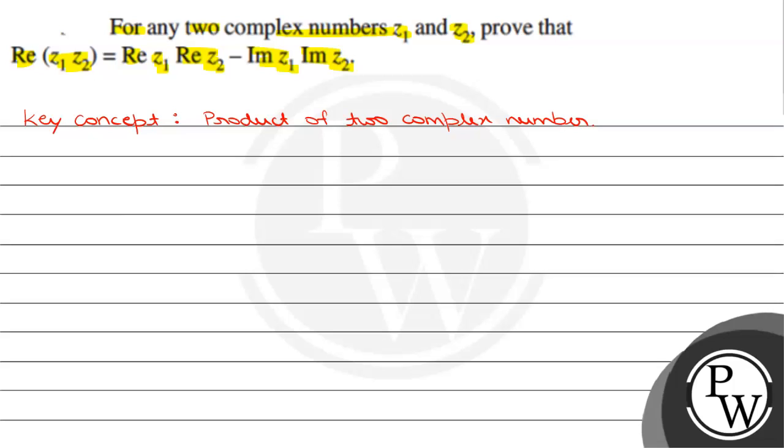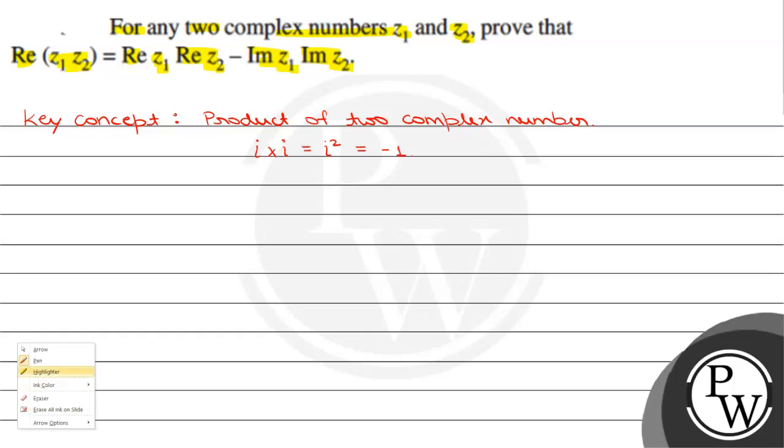The same way we multiply complex numbers also, and whenever we multiply iota with iota, its result is always equal to i square, which is also equal to -1. So we will use this information to prove this result.